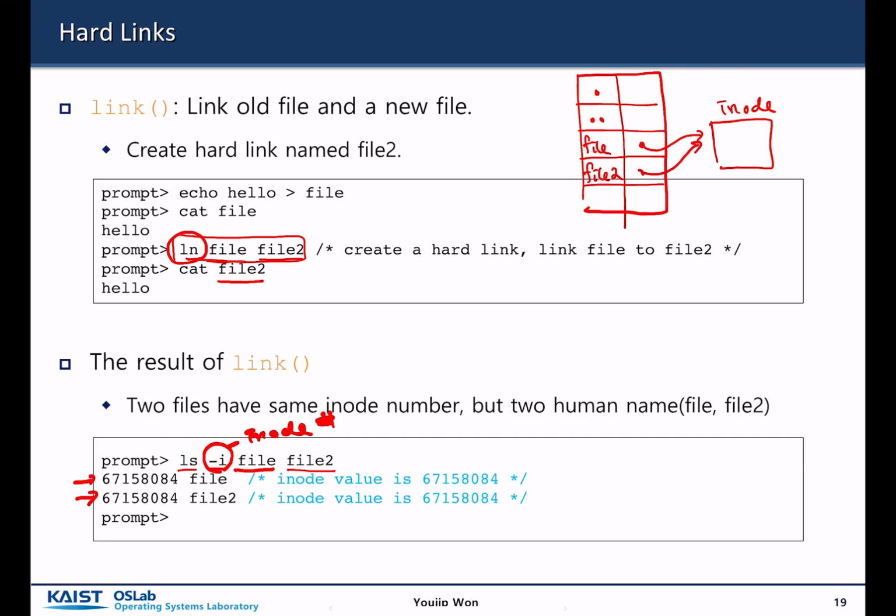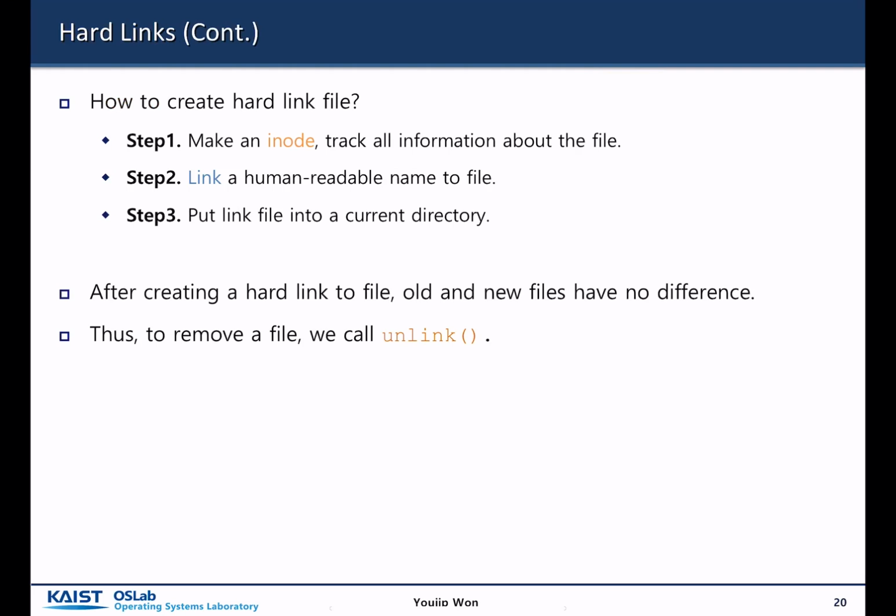That is what we call hard link. So even though they have the same inode number, they are 2 different files under the human name. Okay, this is how we create hard link.